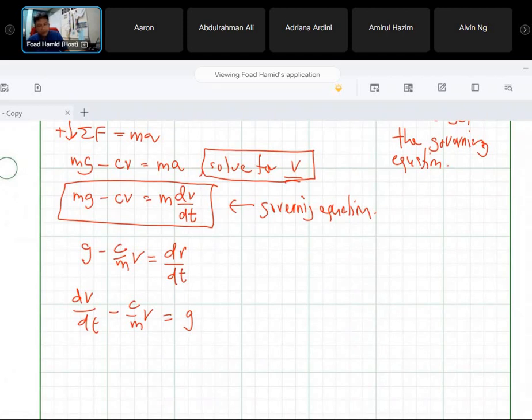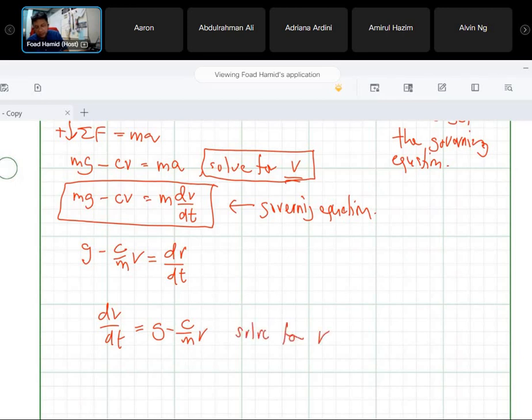Or maybe let's do this: dv dt equal to g minus c over m v, and solve for v. Okay, so how do we solve this?